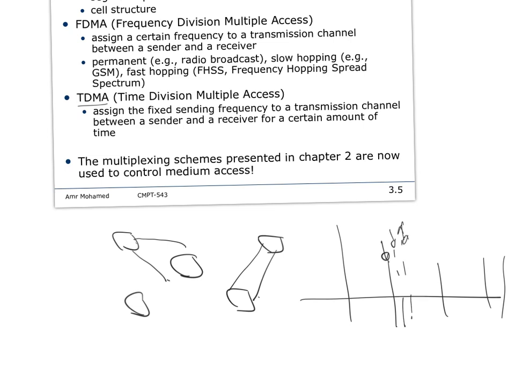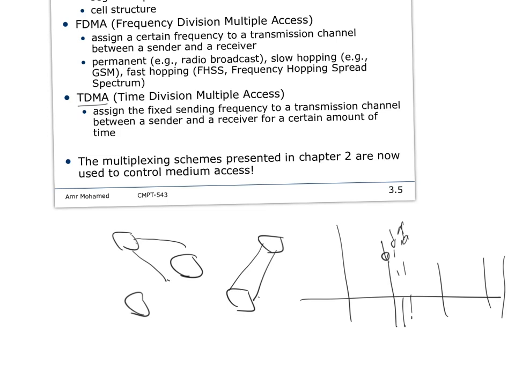So we need very high coordination or synchronization between all these nodes, right? But these nodes are separate. They are distributed. So how can we coordinate the time between them? There are some synchronization techniques. There is no issue, but it's still an issue. We need to have synchronization.